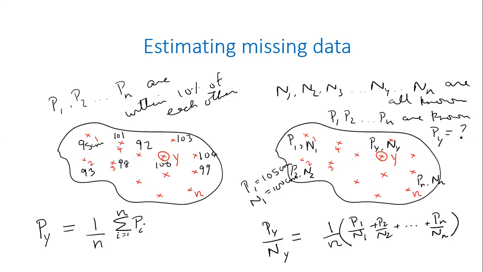You're taking the average of this P by N ratio for the entire region and saying, if this is the P by N ratio for this entire area, most likely the P by N ratio for my location must also be the same. So I'll assume that my P by N ratio for this unknown location Y is the same as the average of the P by N ratio for the entire region.